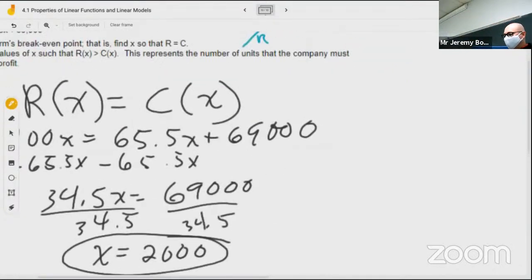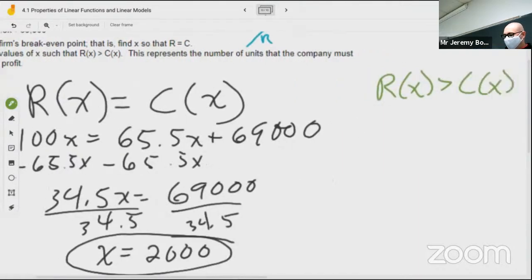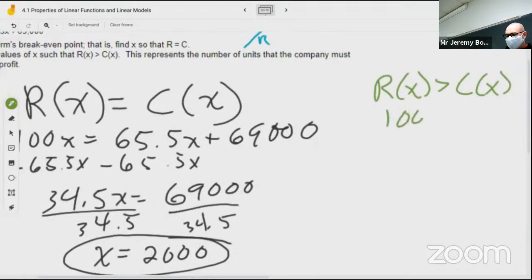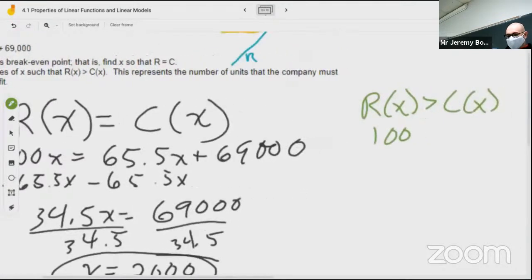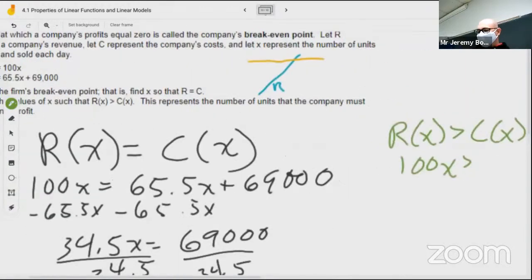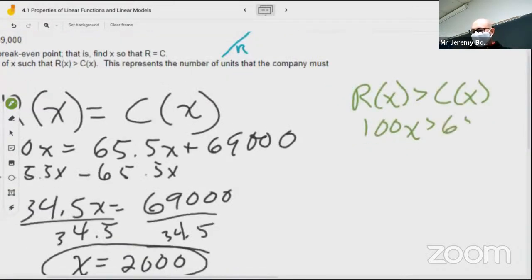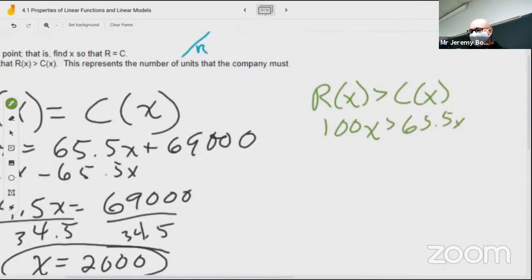We know how to solve inequalities. So if we set up R of x is greater than C of x, we're going to say what? 100x, is it 100x? Yeah, okay. Thought I messed up. 100x is greater than 65.5x plus 69,000.